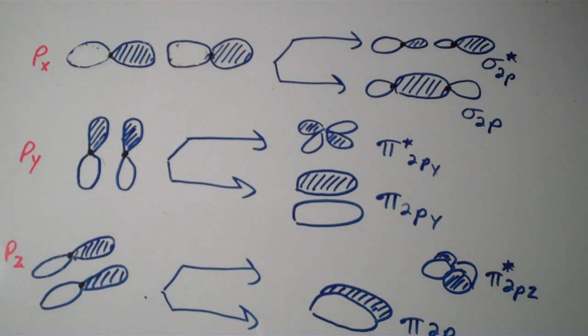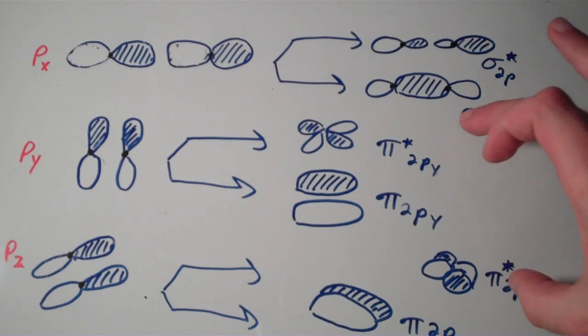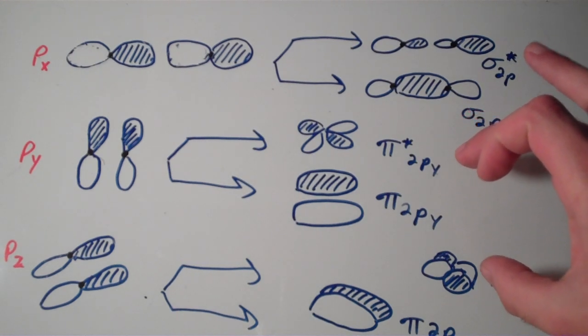So basically what we've learned in a nutshell is that when the three p orbitals combine, they result in a sigma 2p, a sigma 2p star molecular orbital, and also two pi 2p and two pi 2p star molecular orbitals.